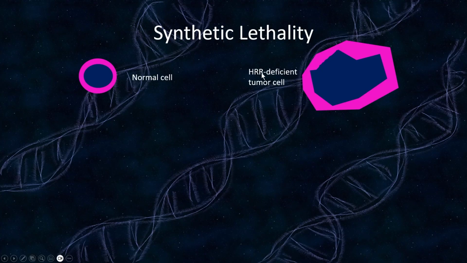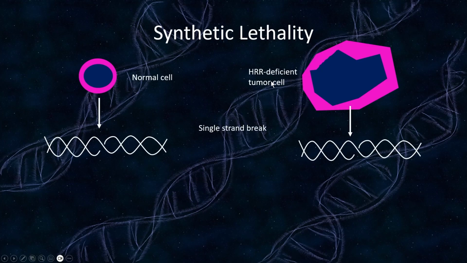So say you have a normal cell and a tumor cell, tumor population that's HR deficient or HRD. Now they're going to randomly have single-strand breaks, and they're also going to have these as a side effect of some of the chemos that are given in these tumors as well that are going to increase the single-strand breaks.